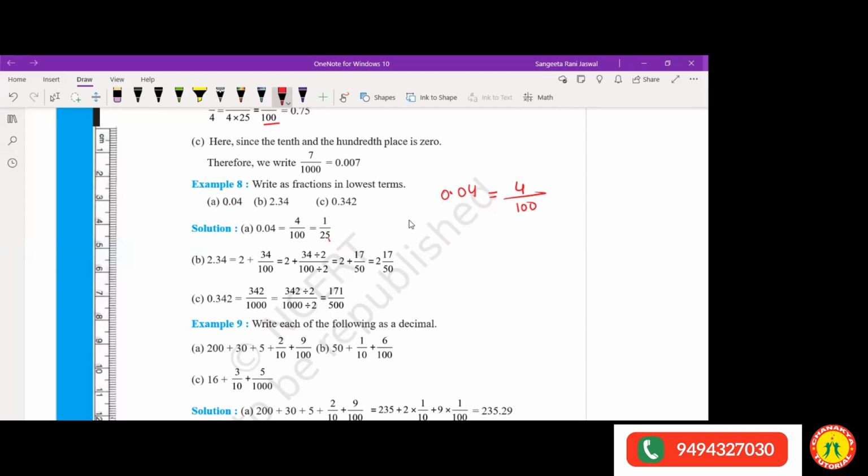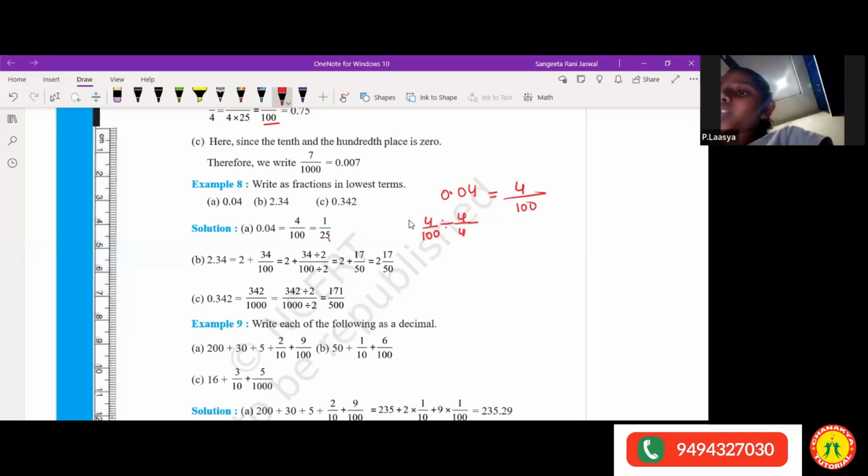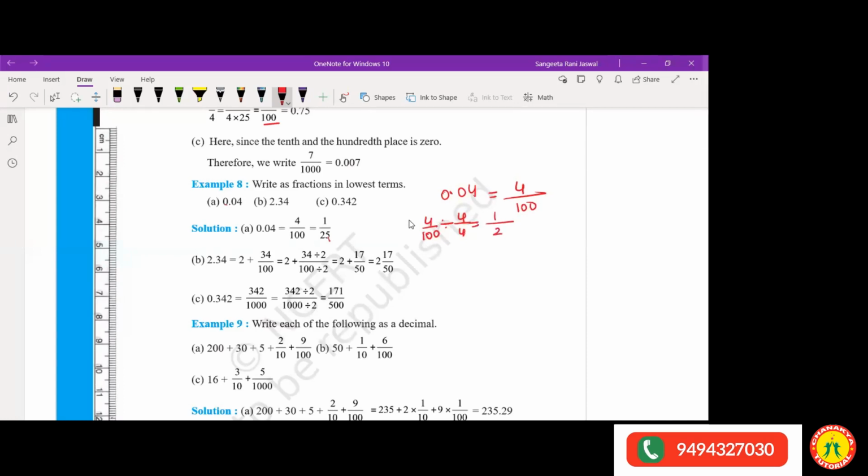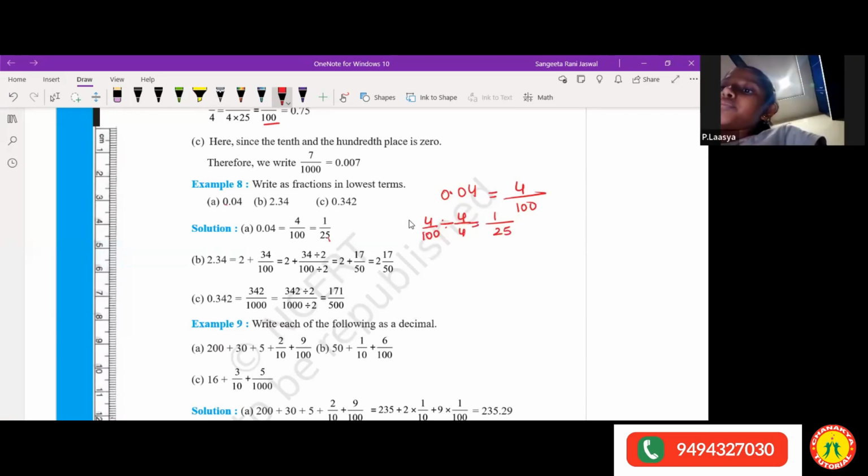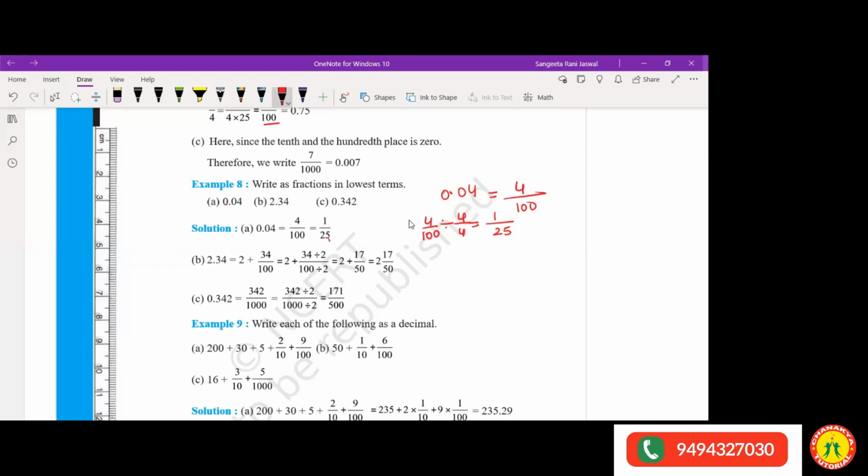Okay, what do you do here? You got 4 by 100, then you divide this by 4. 4 ones are 4, and 4 into 25 is 100. So I get 1 by 25. This is the lowest form. Now 1 and 25 cannot be reduced further. Okay, I understood, ma'am.